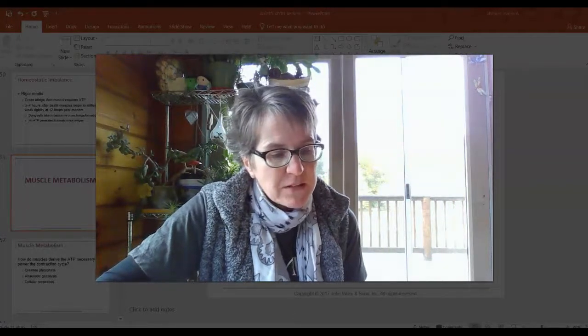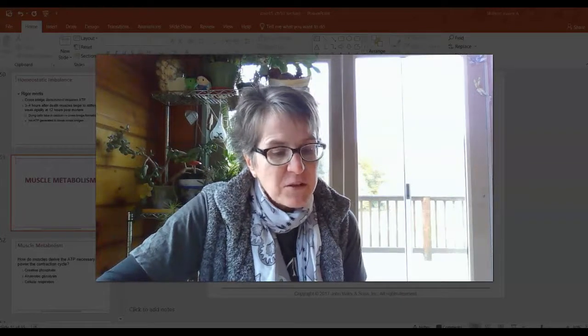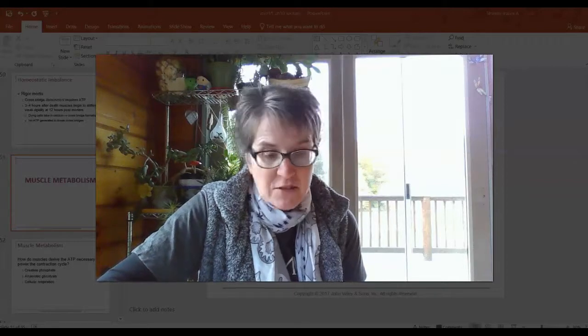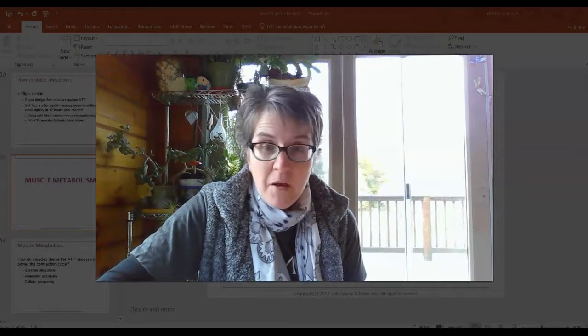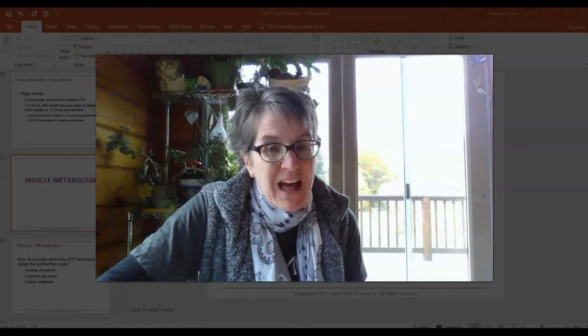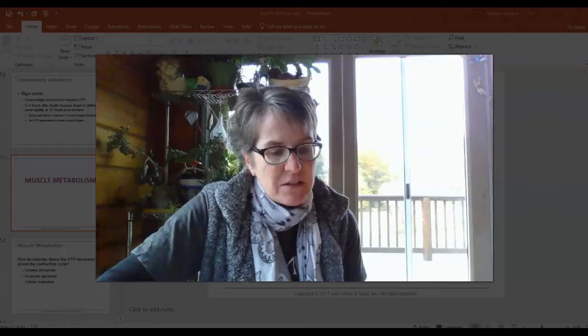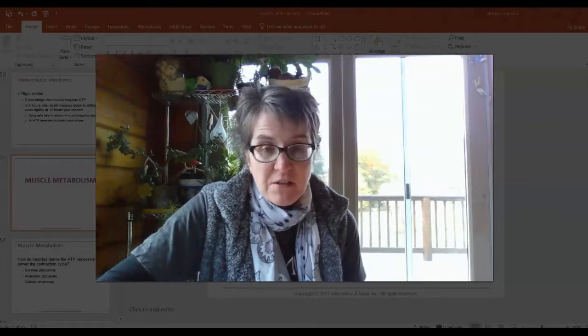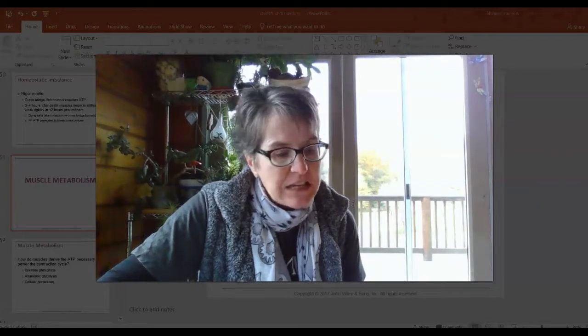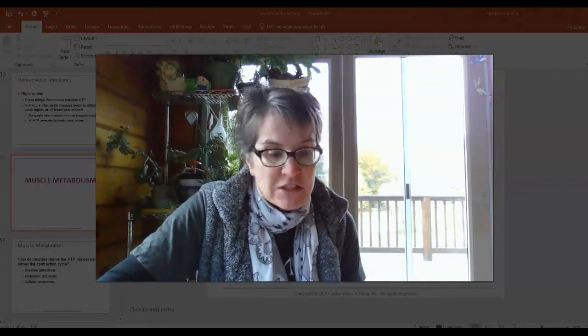Several plant products and drugs selectively block certain events at the neuromuscular junction. The botulinum toxin, coming from the bacterium Clostridium botulinum, and that's Botox, you guys, blocks exocytosis of synaptic vesicles at the neuromuscular junction. So what that means is acetylcholine is unable to be released, so the muscle contraction doesn't occur.